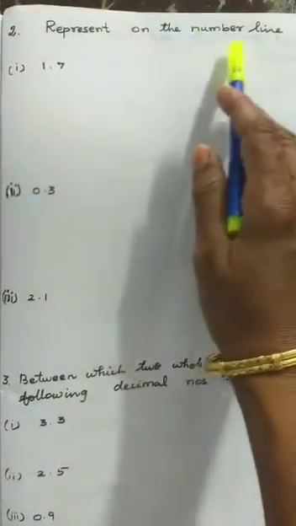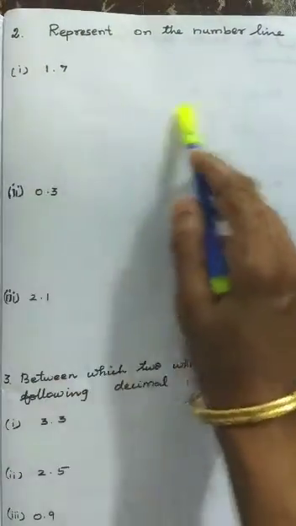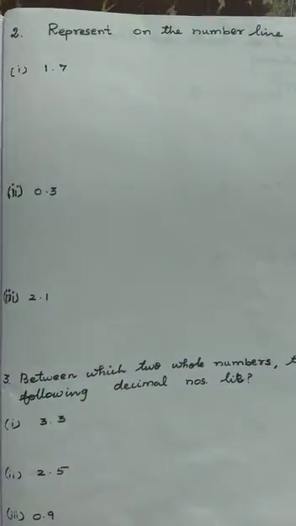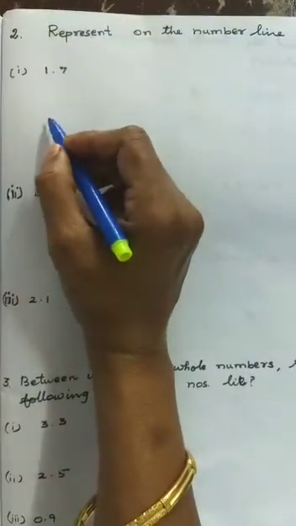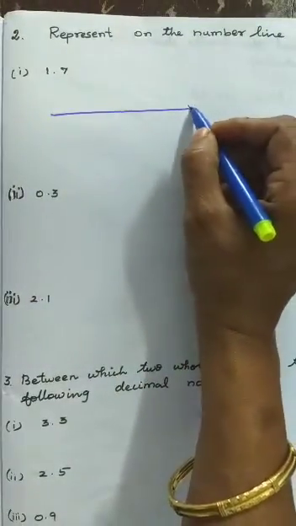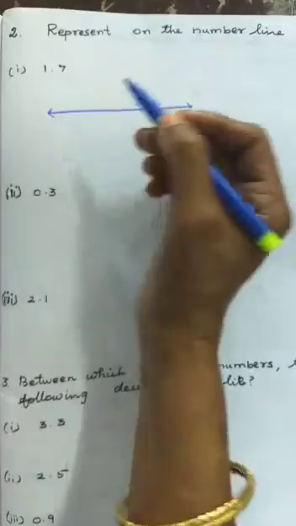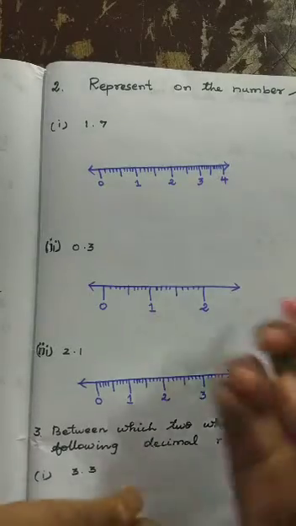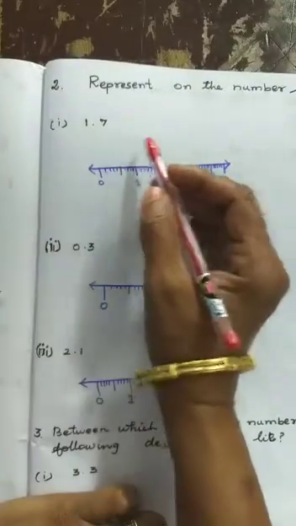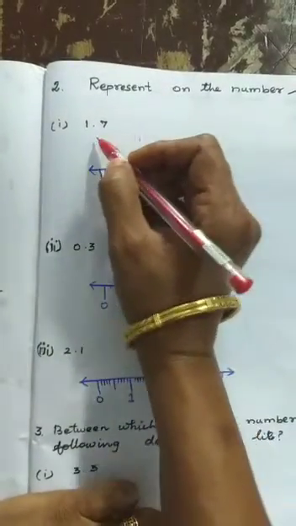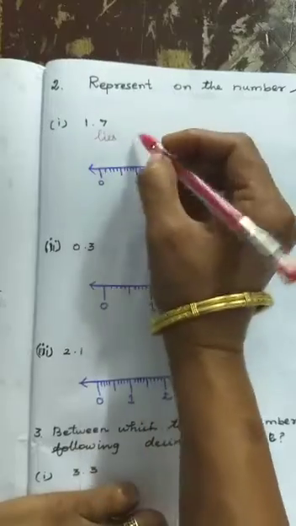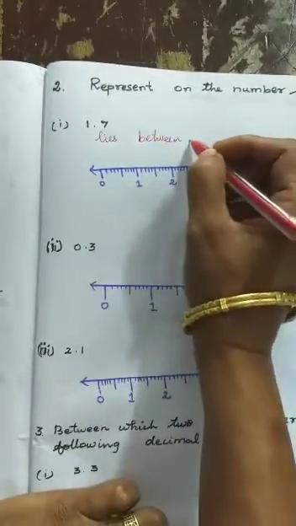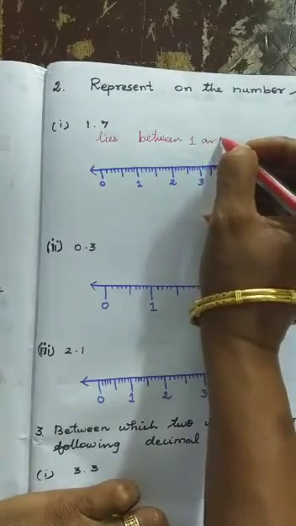Then represent on the number line. You have to draw a number line and show at which point each lies. First sum: draw a number line like this. Now 1.7 lies between 1 and 2.